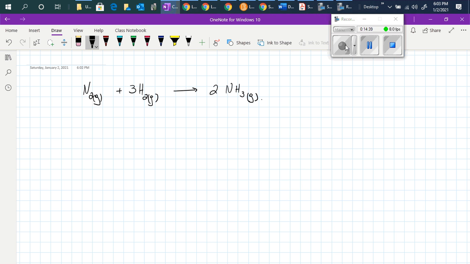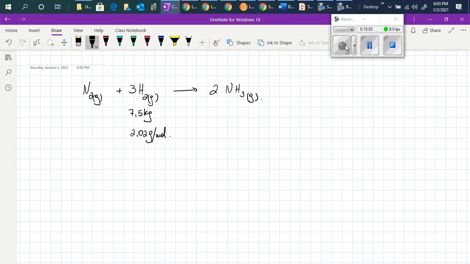And we will list what is given. So we have 7.5 kilograms of hydrogen, and in order to move from kilograms to moles, we will need the molar mass. And the molar mass is 2.02 grams per mole.